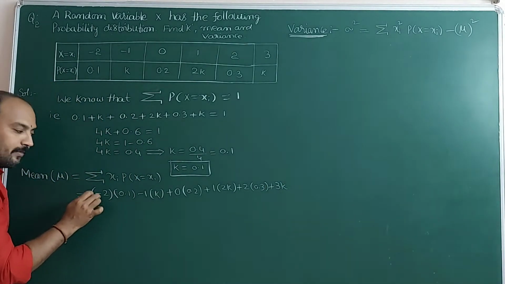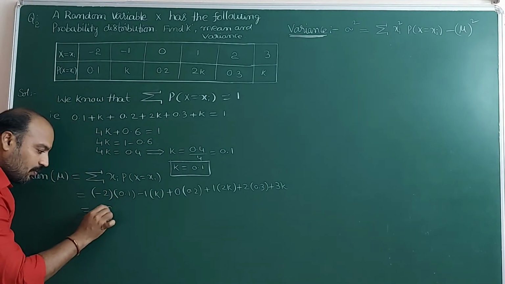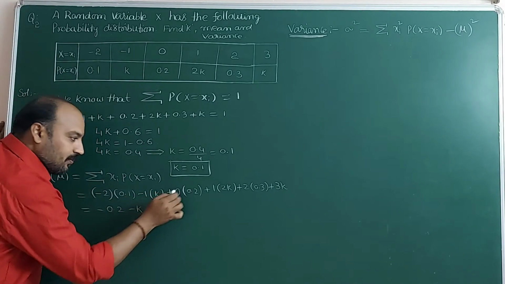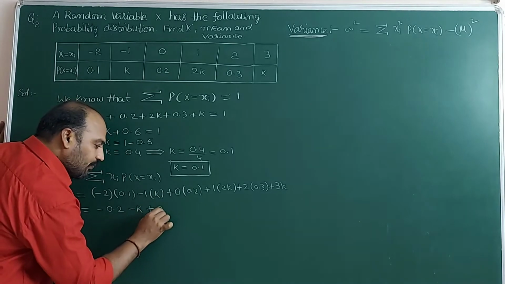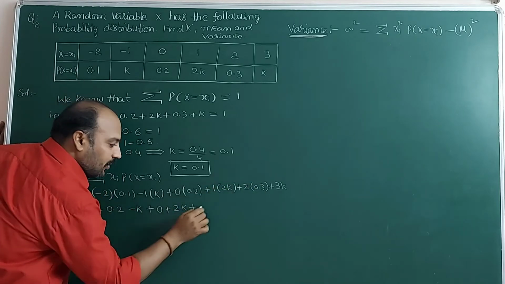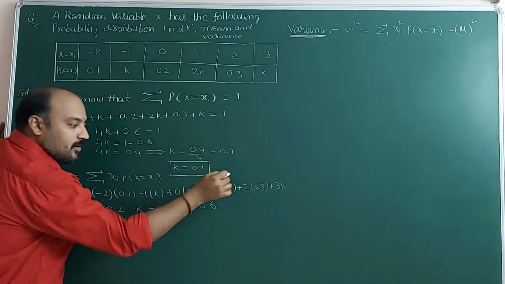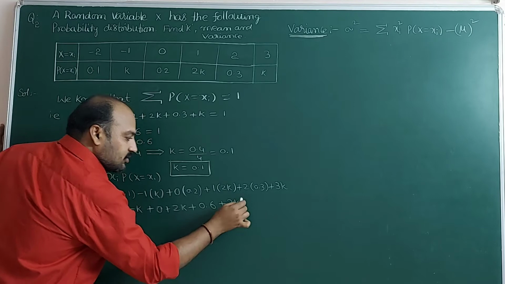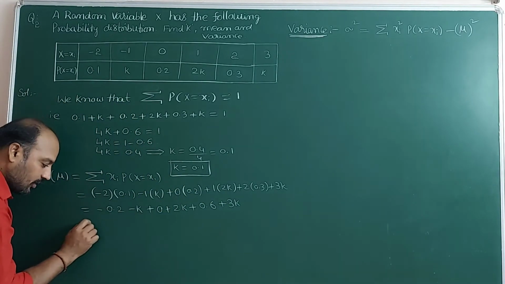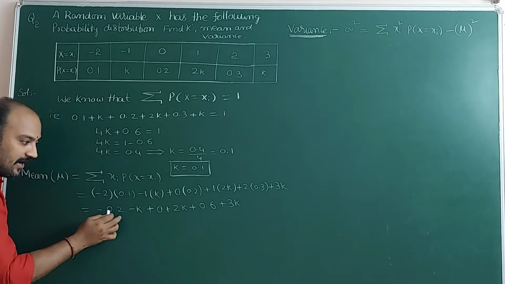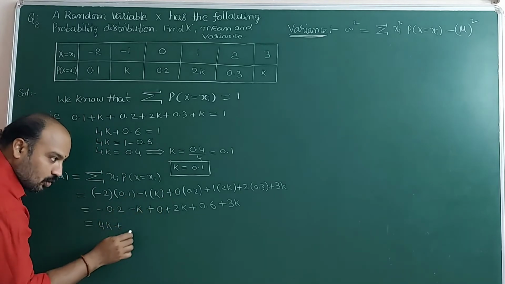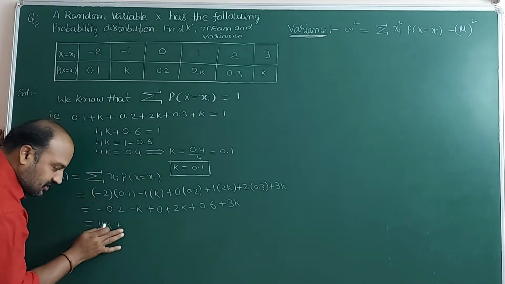So which is equal to minus 2 into 0.1, minus 0.2, minus 1 into k, minus k, plus 0 into 0.2, 0, 1 into 2k, 2k, plus 2 into 0.3, 0.6, plus 3k. So next, 3k minus k, 3k plus 2k, 5k minus k, 4k minus 0.2 minus 0 plus 0.6. 0.6 minus 0.2, how much?